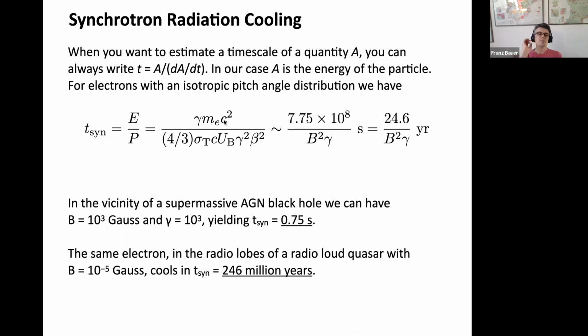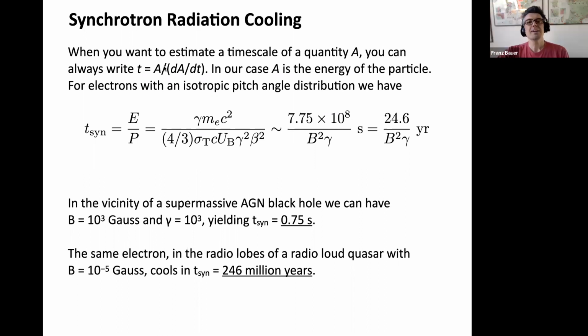So another interesting thing to calculate, and you can do this with virtually any quantity, is to write this quantity divided by the change in that quantity with time, and that will give you a time scale of that change.